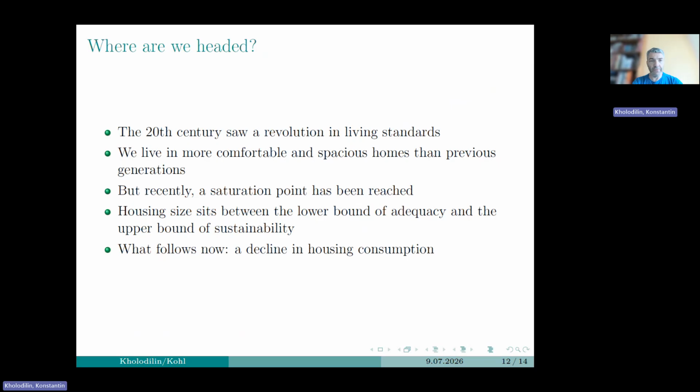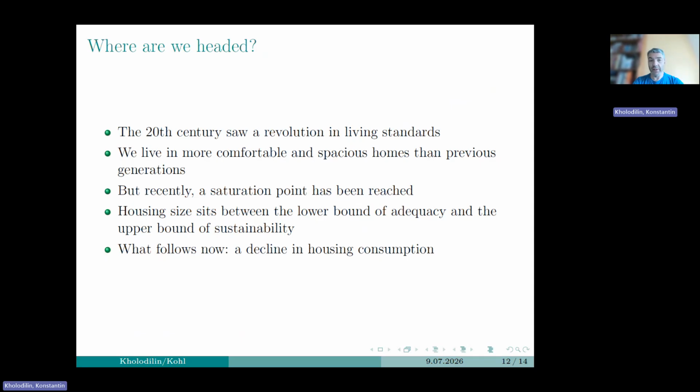And what we observe, at least in Europe, is that perhaps we reached some maximum, and now we are declining. It's difficult to say whether this maximum is above the upper bound or not. Additional research is needed, but from the ecological point of view, it's actually a good development.